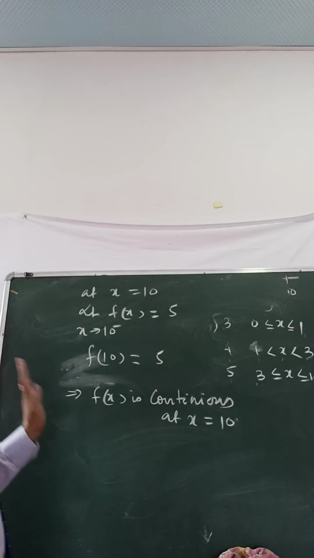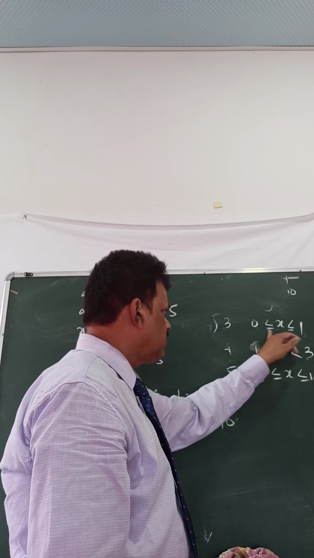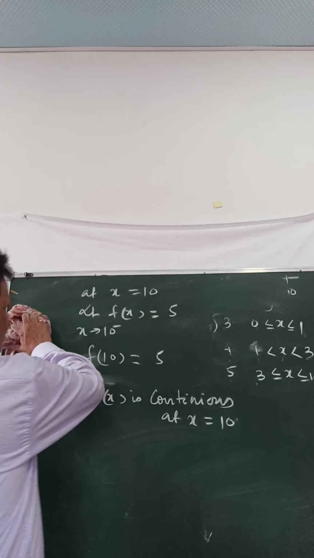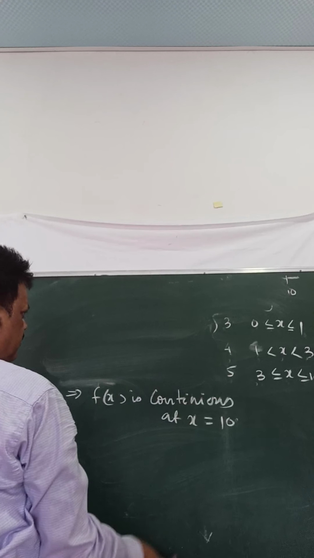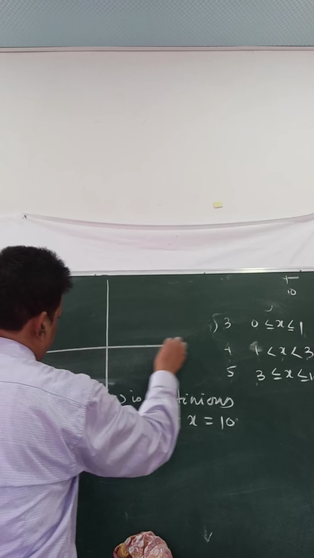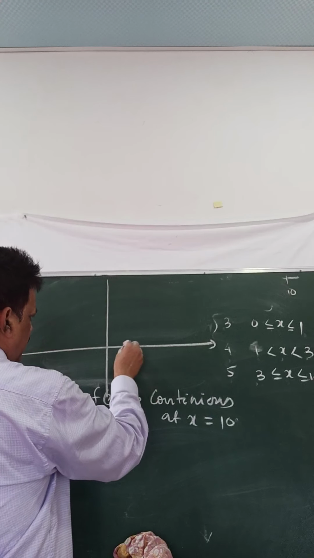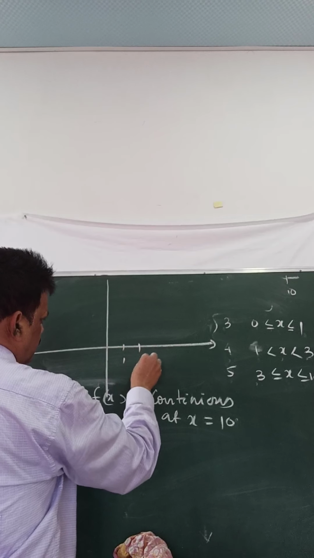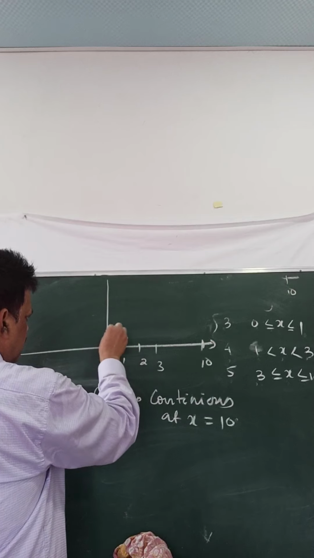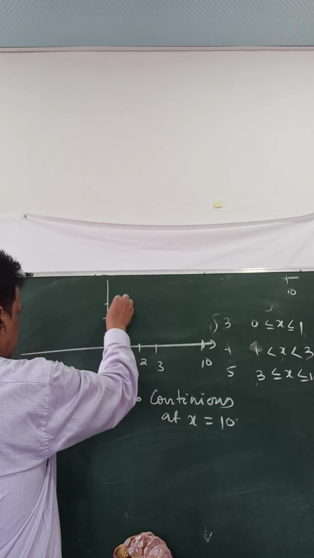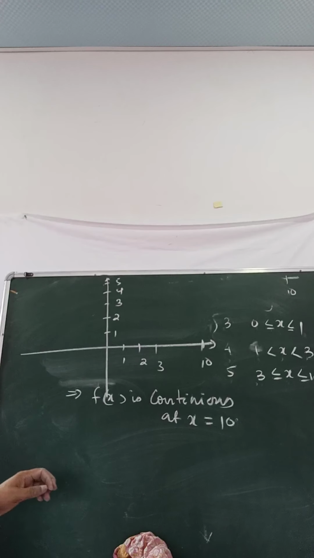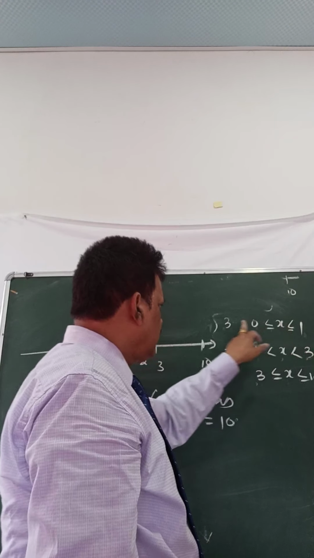If you want to be clear on this, I would like to draw the graph of this. See it very carefully. I have taken x as 1, 2, 3, up to 10 here, and the y values 1, 2, 3, 4, 5. From 0 to 1 it is 3.